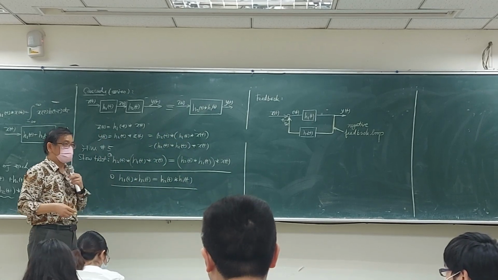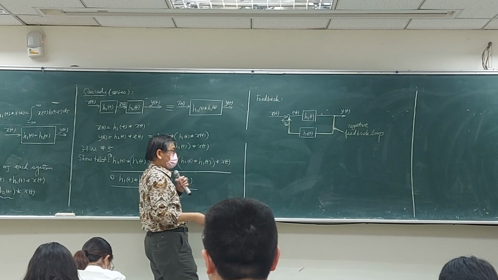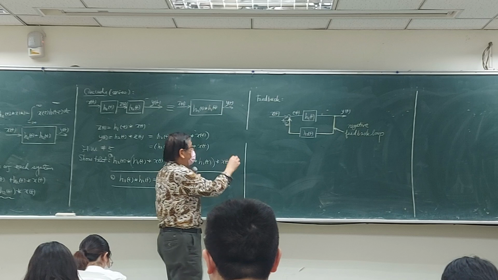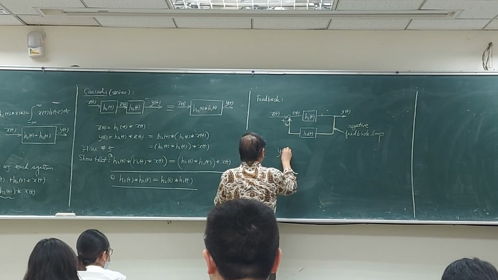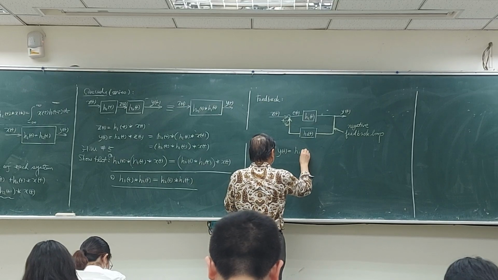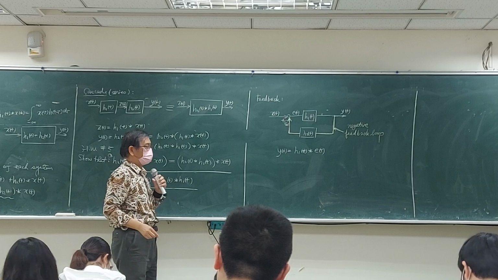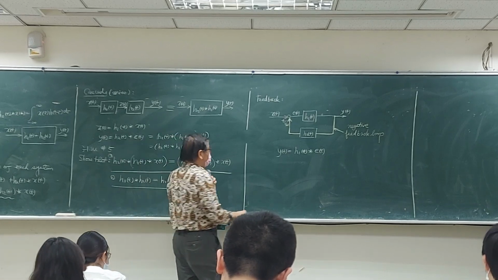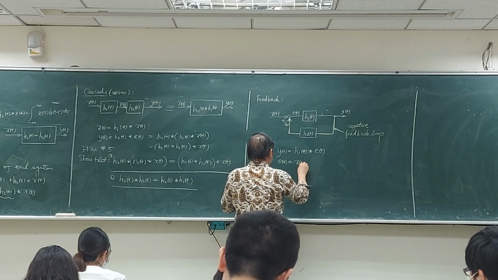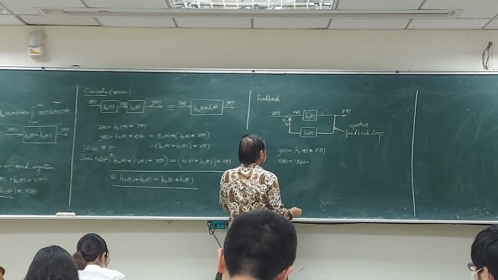There's another one called positive feedback. That is, we replace the minus sign with a positive sign. Okay, here we use negative feedback. From the configuration we have e of t, which is called the error signal. And the error signal comes from the input x of t minus the feedback.